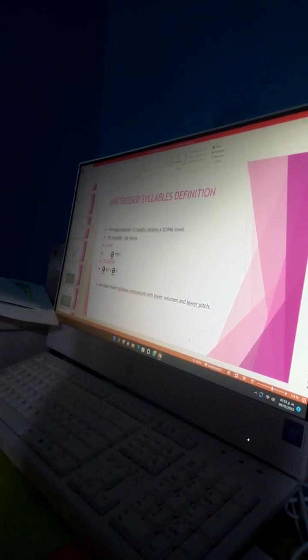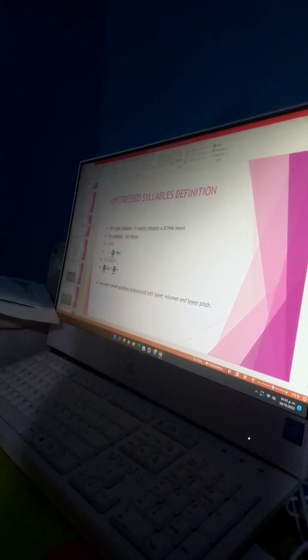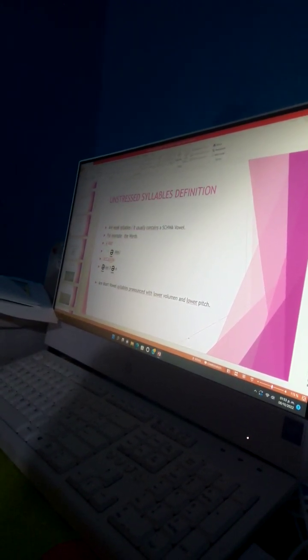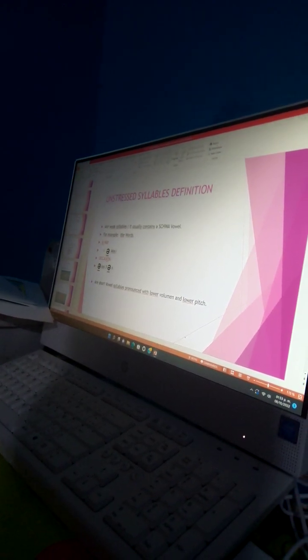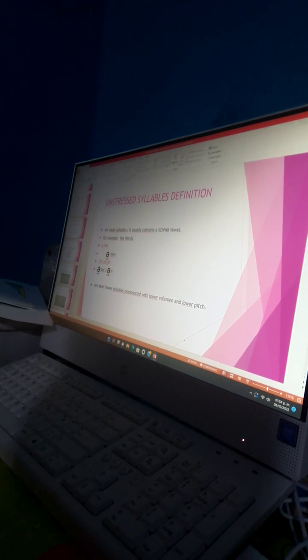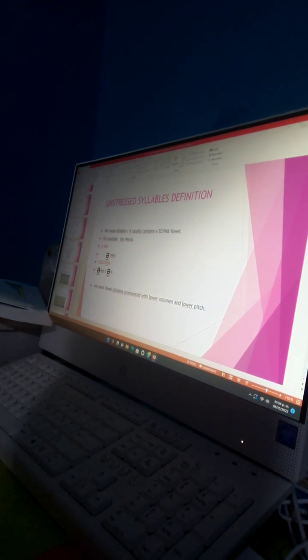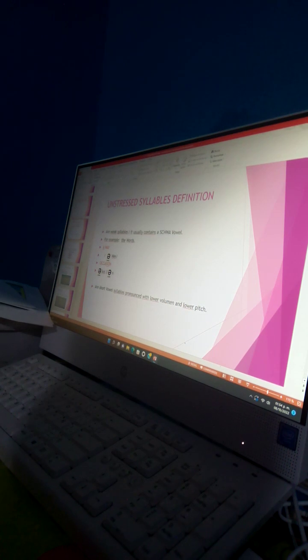What are the unstressed syllables? The unstressed syllables definition is this. They are weak syllables. They usually contain a schwa vowel. For example, we have the word away, okay? It's a weak pronunciation, but it has the schwa vowel in there. Away, away. We have another example. Occasion, occasion.